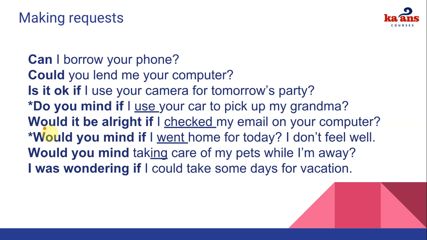Because we have would as the modal and we have if as a condition, and we also have it in the simple past. Okay, so anyway, be careful if you're going to use do you mind if and would you mind if, because if you say do you mind if, you use the action in the present. If you're going to say would you mind if, remember to change your action to the simple past.